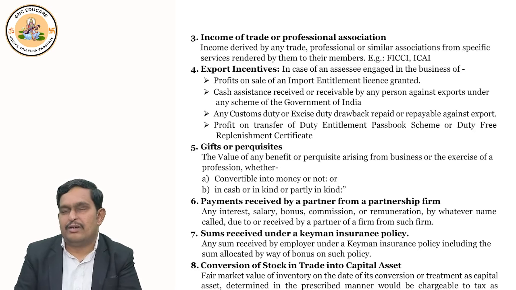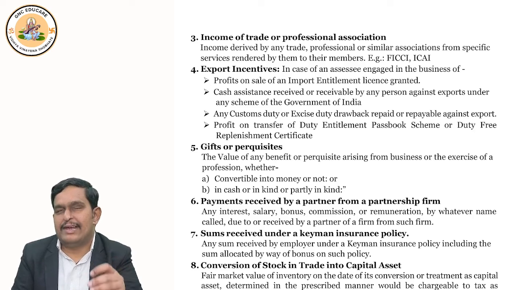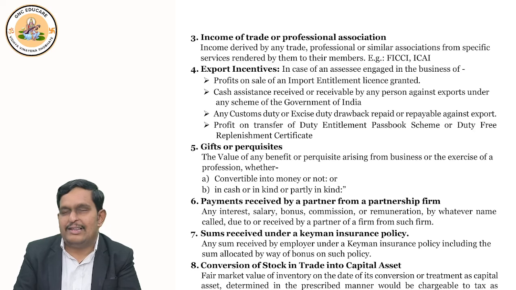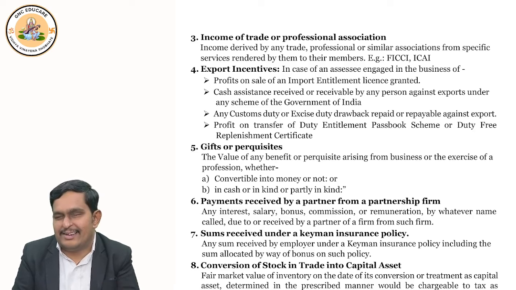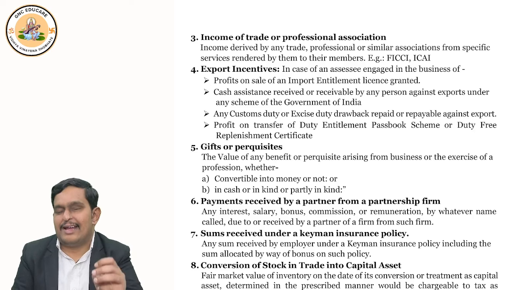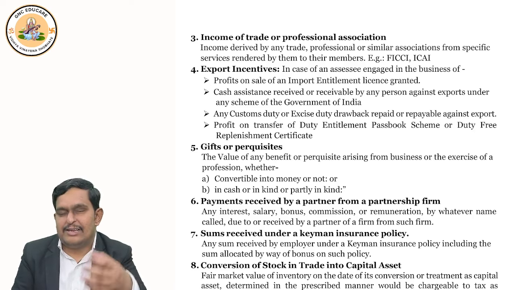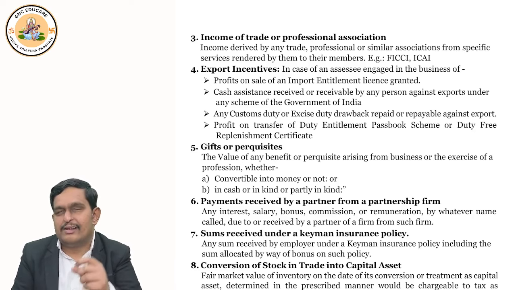Like example, suppose example, a company takes keyman insurance policy on the health of employee, for the employee. Now if employee or his employee gets it, let's assume, then it is taxed under salary. If ultimately the policy matures, the employee gets the money, taxed under salary. If employer gets the money on maturity, taxed under PGBP.